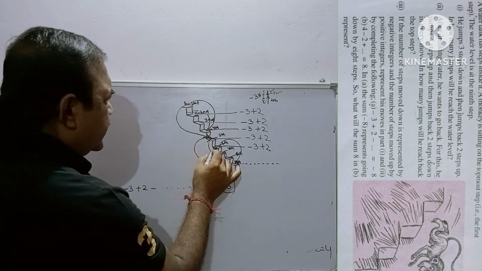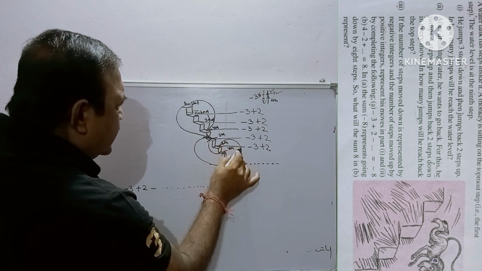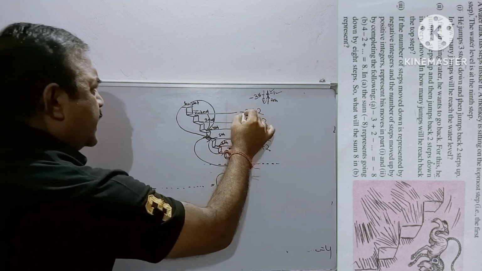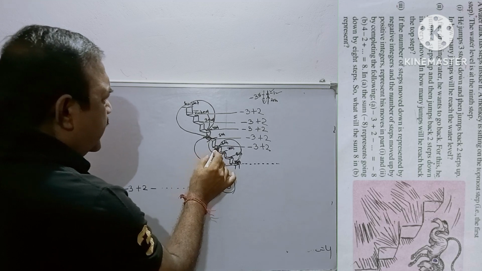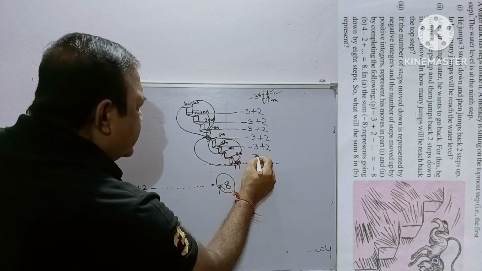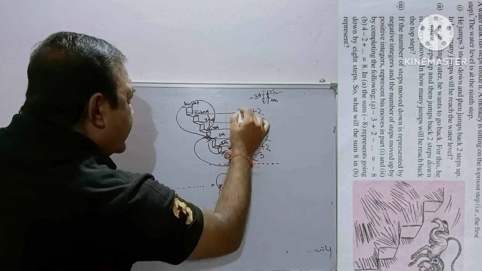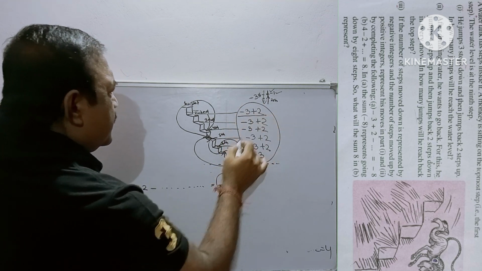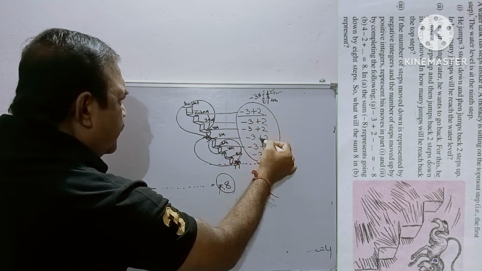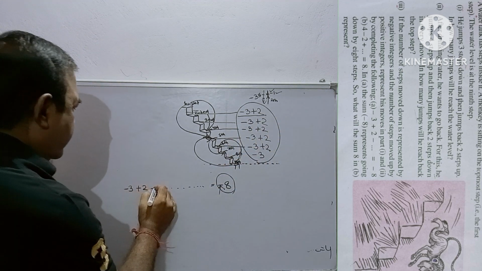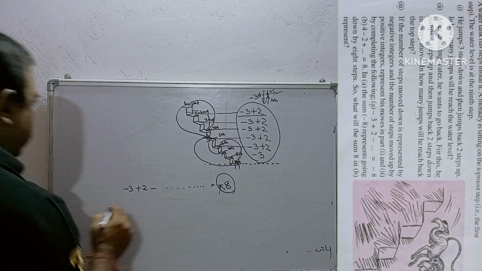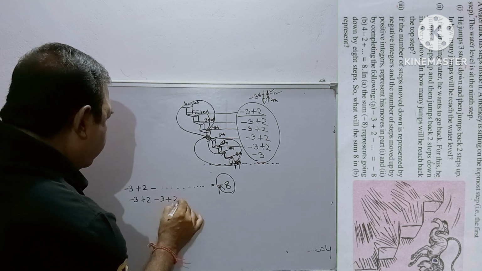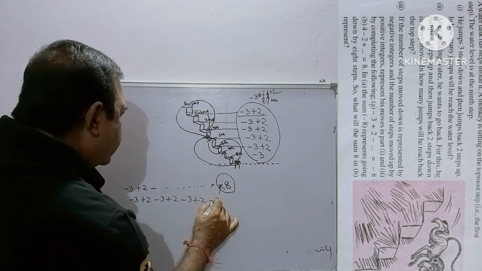Okay? And from the 6th step, there has been a single jump. Here you see. Yes or no? But we are calculating the steps here. Okay? So how many steps? Now 3 steps downward. So this is minus 3. We have to add this. How many minus 3 plus 2? There are 5. 1, 2, 3, 4, 5. So we may write like this. Minus 3 plus 2, minus 3 plus 2, minus 3 plus 2, minus 3 plus 2.